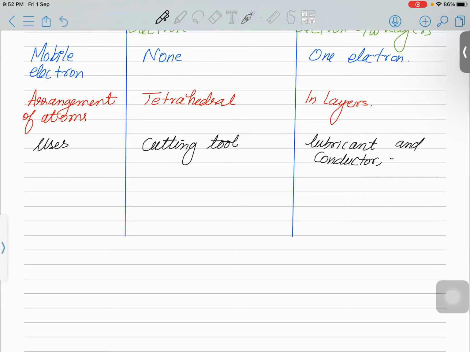Electrode and conductor both are the same thing.